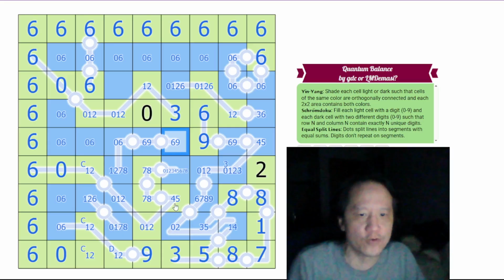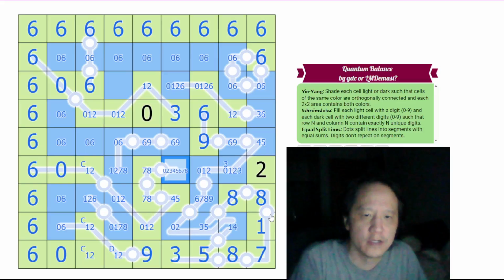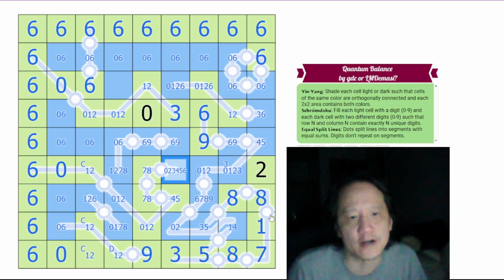That means the 4, 5 is the last remaining unique digit. So this cannot be any of the other digits. So there's no 1. There's no 7 or 8 involved. And it could be any of 0, 2, 3, 4, 5, or 6. Interesting.